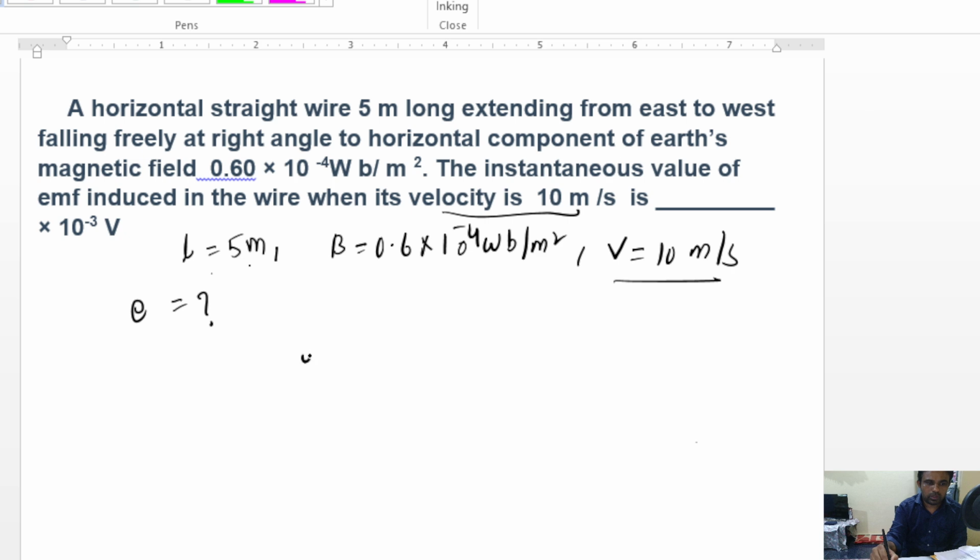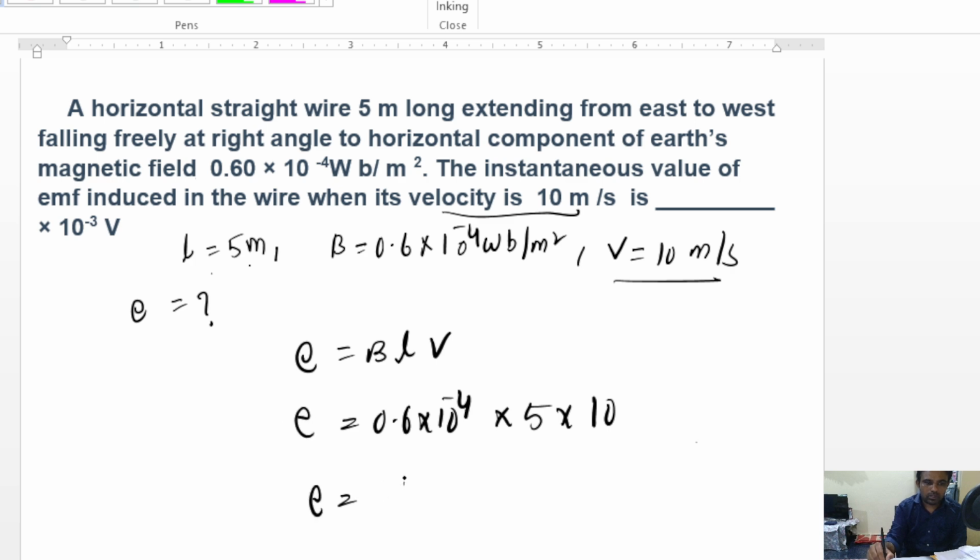Okay, so the EMF equation formula is equal to B L V. So B value is given 0.6 into 10 to the power of minus 4. L value is given 5. Velocity is given 10. So E is equal to 6 by 10 into 10 to the power of minus 4 into 5 times 10. So the zeros get cancelled.